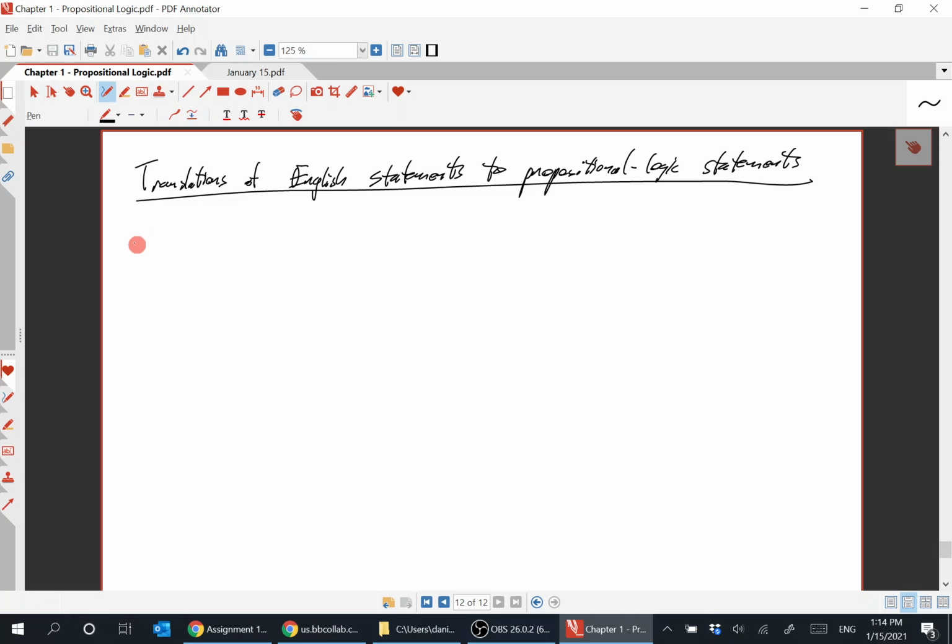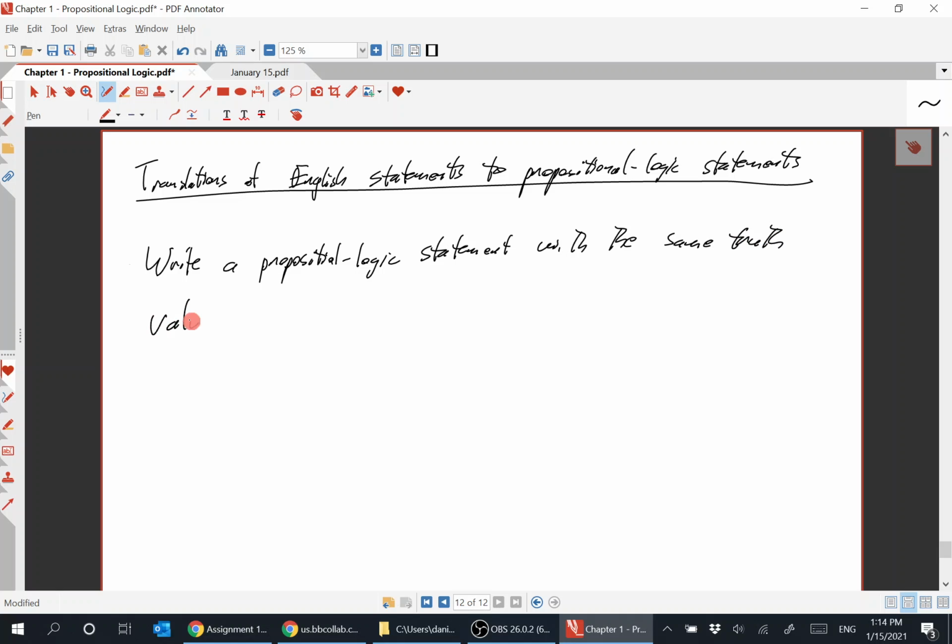So, for example, what you want to do is write a propositional logic statement with the same truth value as an English language statement.